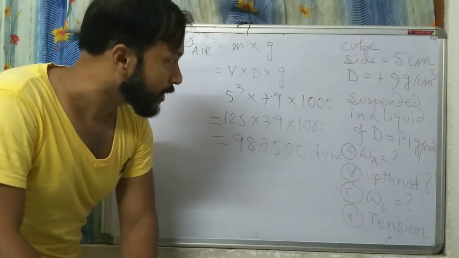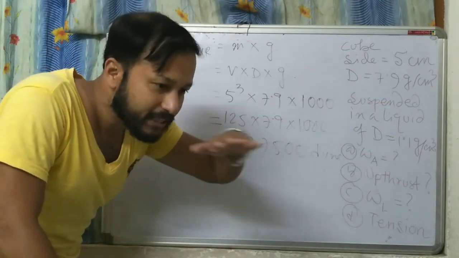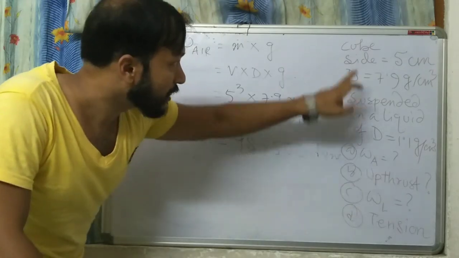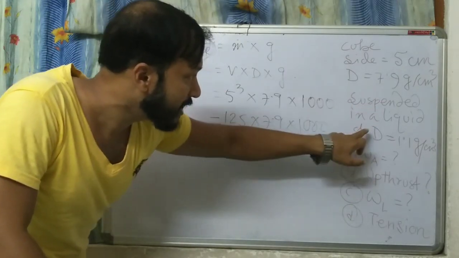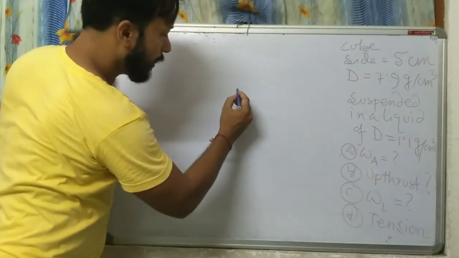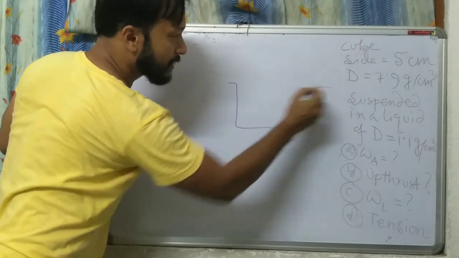Now let us see the question. We have to suspend this cube in a liquid. Okay, the cube is suspended in a liquid. Let us draw it. This is the vessel.